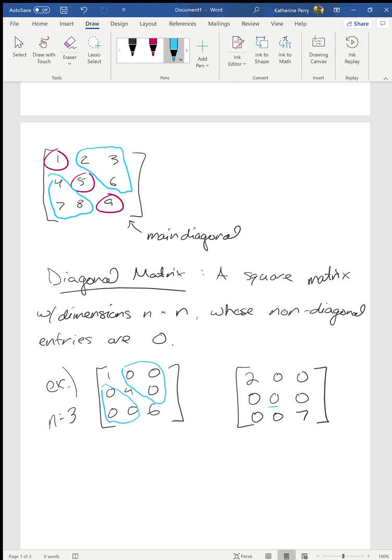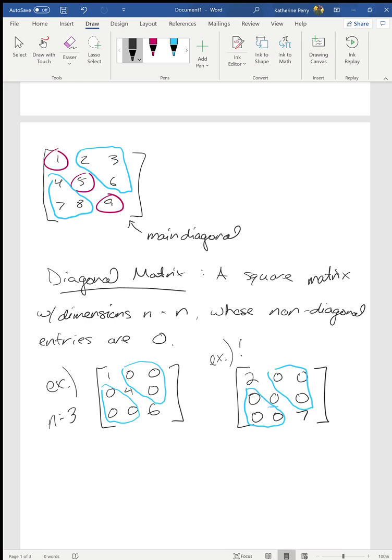But we see this definition has nothing to do with the main diagonal. So entries on the main diagonal can in fact be anything, including 0. What we're looking for again are these non-diagonal entries. And here all of these are 0. So that's fine. So this is in fact an example also.